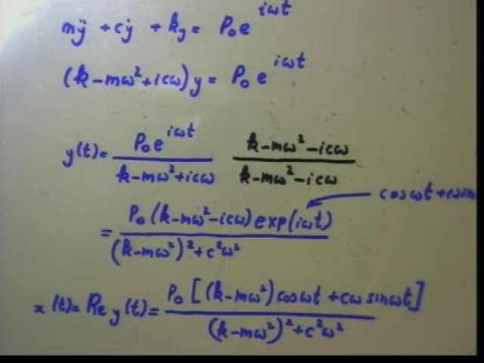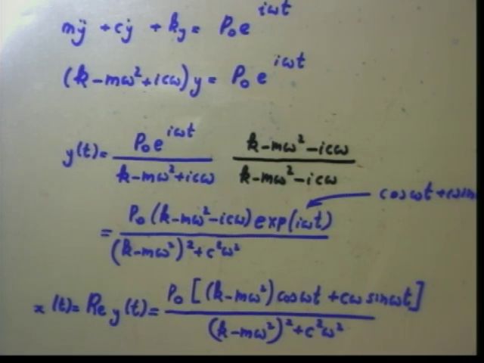Now the denominator is very easy to deal with. Look please, it is complex conjugates multiplied. So therefore, it's this real part, k minus m omega squared, plus this guy squared, c omega squared. Because that is like a plus b times a minus b, which equals a squared minus b squared.